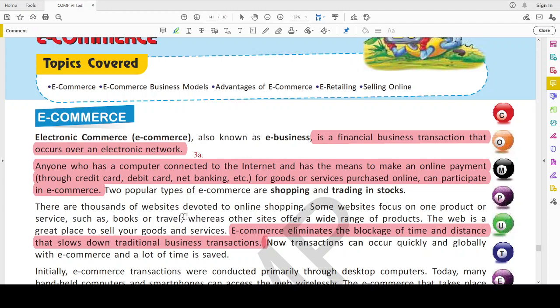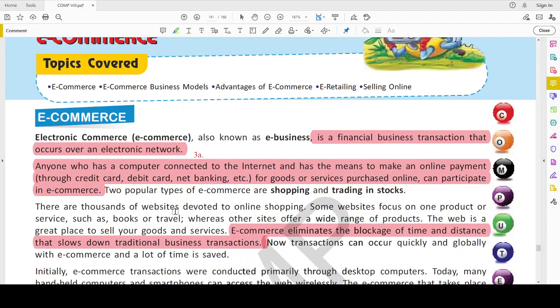So the websites are the medium through which the retailers or the service providers are conveying their message to their prospective customers. They are reaching the prospective customers by means of the websites.